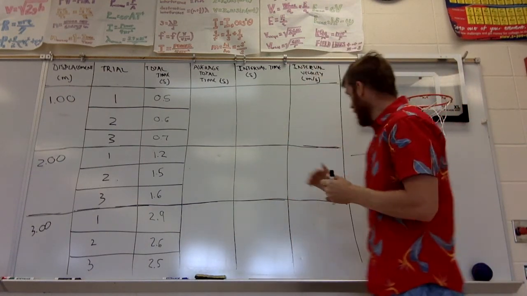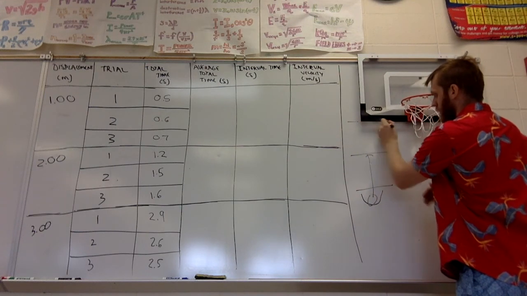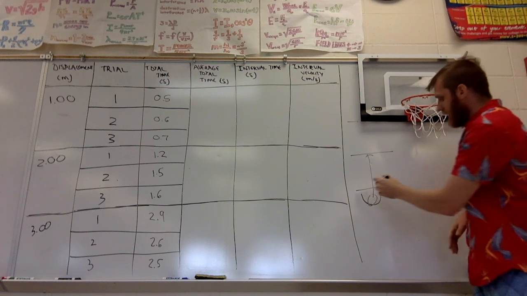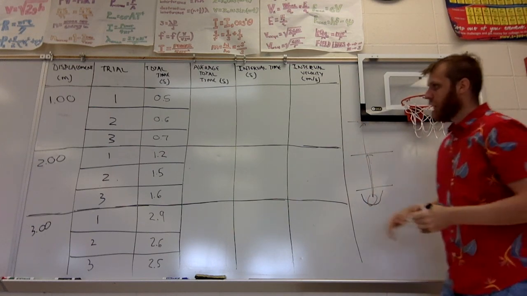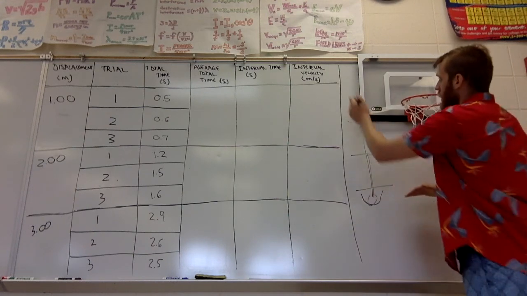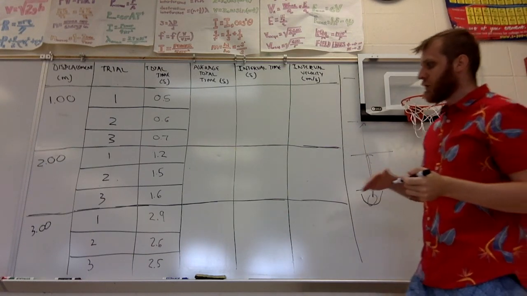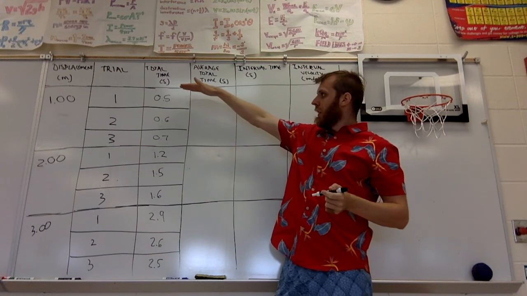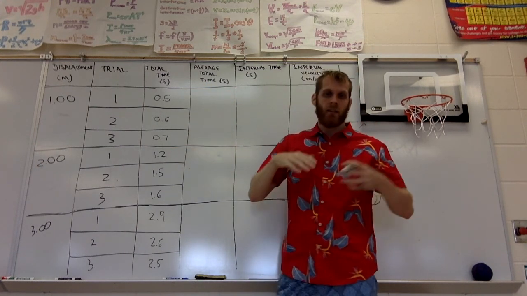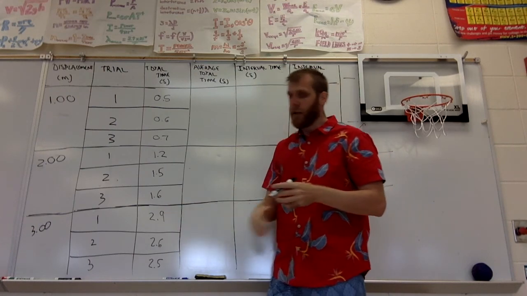From 0 meters to 2 meters, the time for trial 1 was 1.2 seconds. Then from 0 to 3 meters, the total time was 2.9 seconds. So for trial 1, it took 0.5 seconds to get to the first meter mark, 1.2 seconds to get to the second meter mark, and 2.9 to get to the third meter mark.